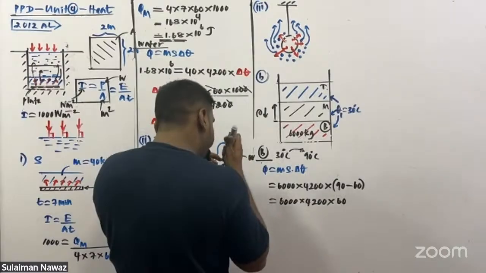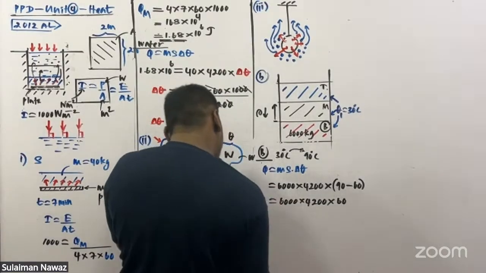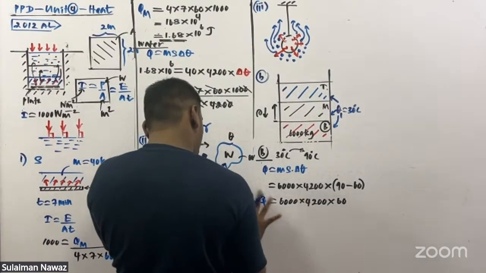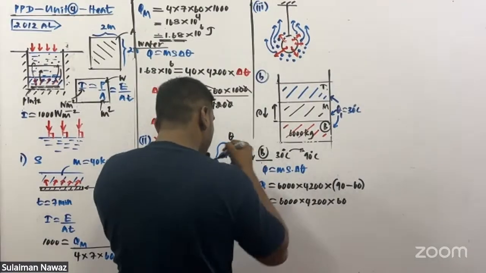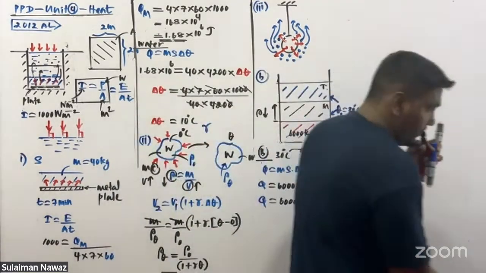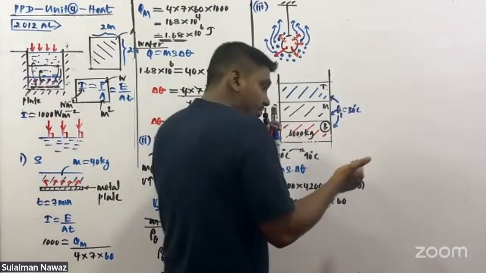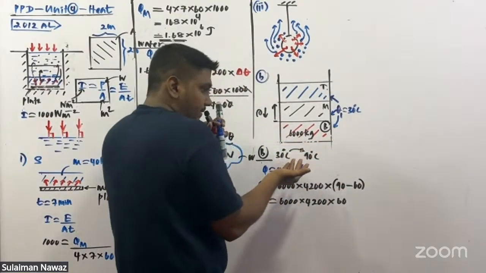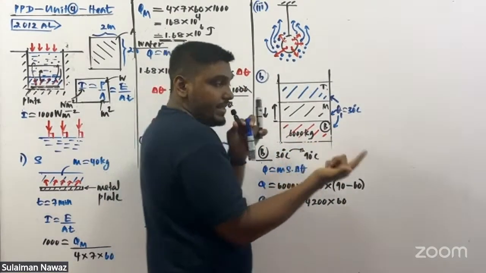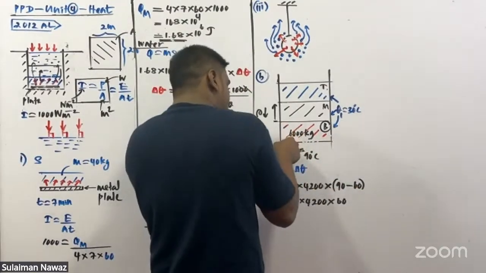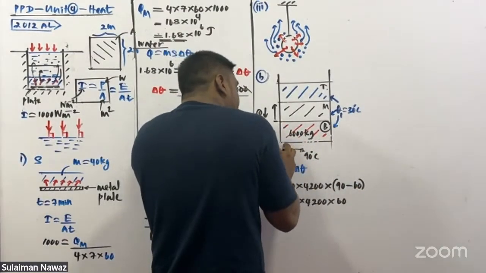But in the question, they are asking something else: how long will the water take to reach 90 degrees Celsius? They ask for the time period to increase the temperature from 30 to 90.